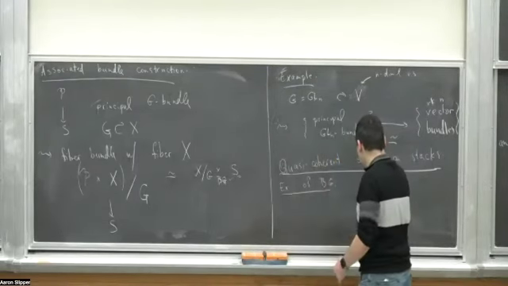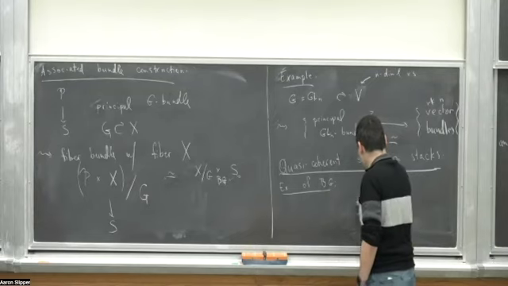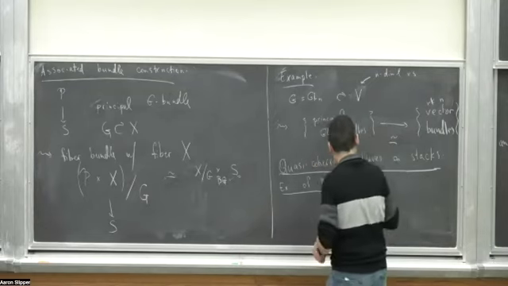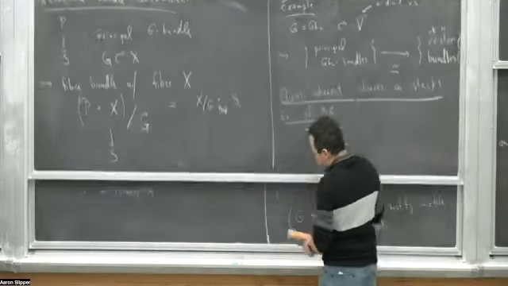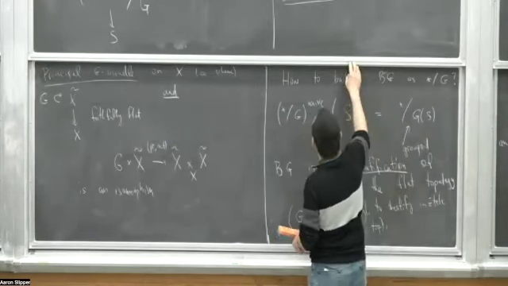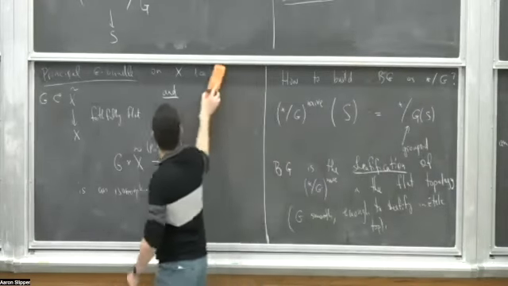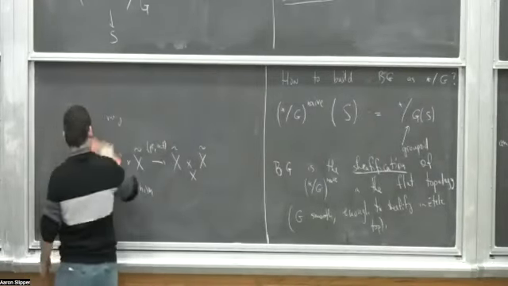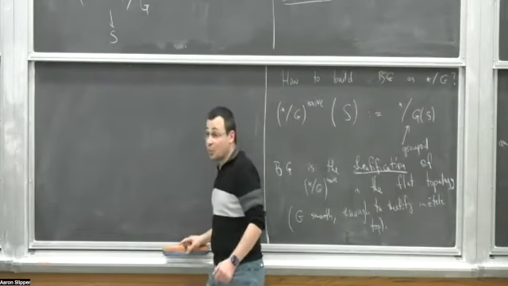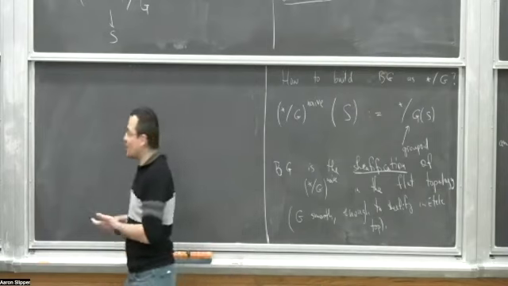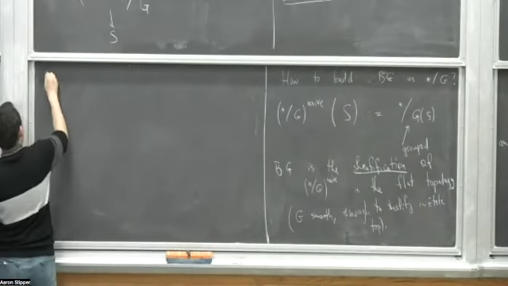So the way one writes these quotients, I need to go back and dwell a little bit more on abstract groupoids.